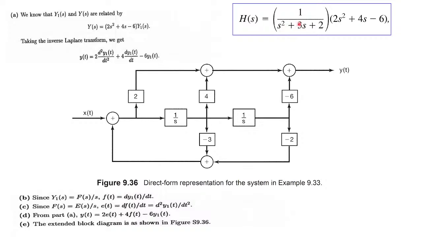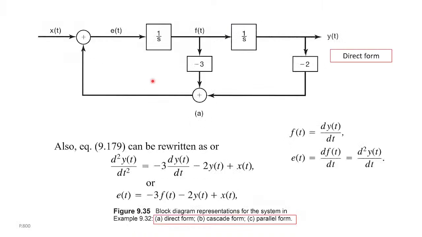So you see this s squared plus 3s plus 2, you can build from the lower part. So this plus 3 becomes minus 3, and plus 2 becomes minus 2. And the 2s squared plus 4s minus 6, you can do this reverse of integration, which is also equal to differentiation. So you have 2 here, 4 here, minus 6 here. And so this thing will give you this system function here.